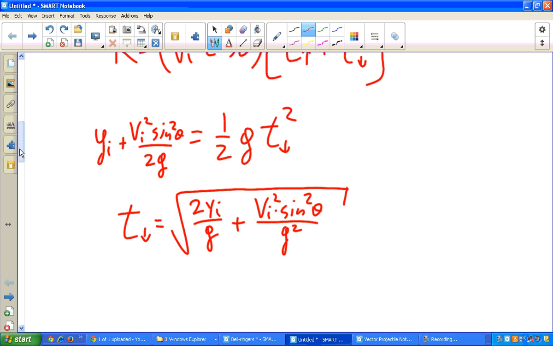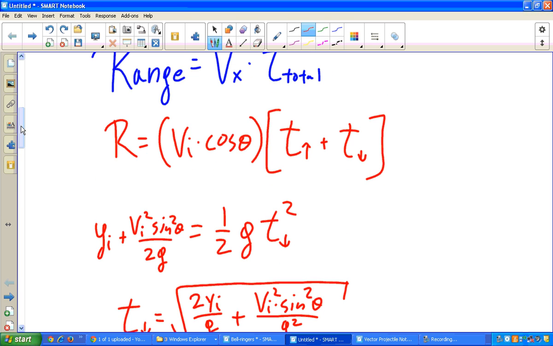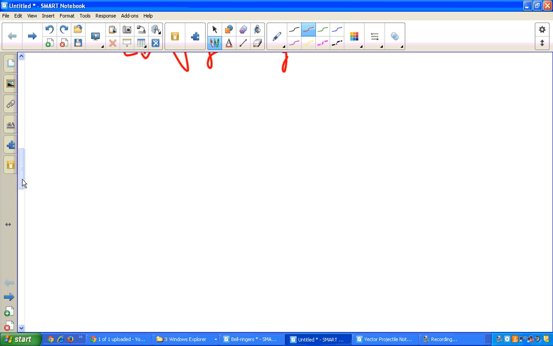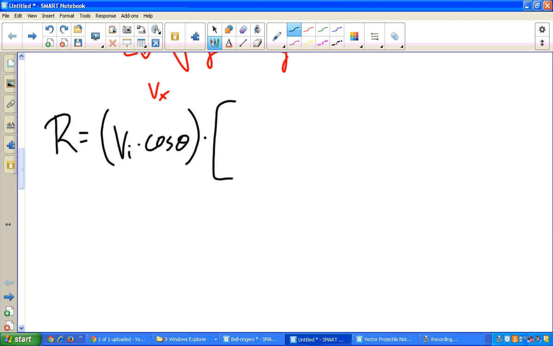Awesome. Now I have the time down, I have the time up. I can now go ahead and plug this into my range equation. I'm going to put everything together, and for my total range of a fired projectile, my general range if I start at a height, I get range equals my horizontal component of velocity, which was VI cos theta, times my total time.